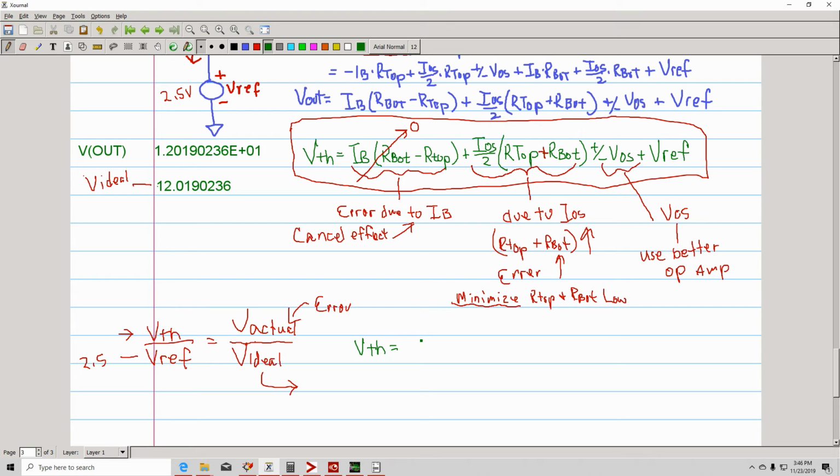So we're just going to say that it's IOS over R top plus R bot, and the way I label it, I'll go ahead and put VOS plus VREF.